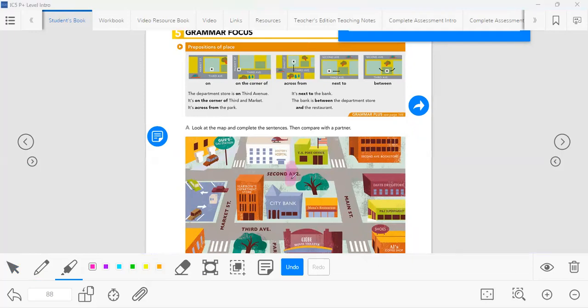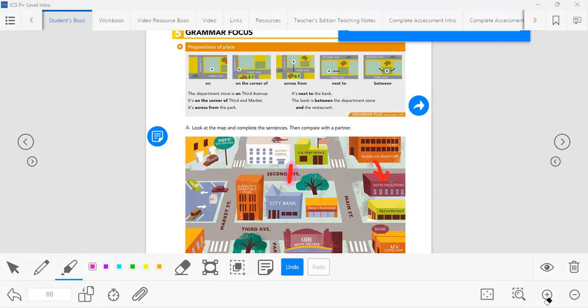But here, this is across from, because you go from one street to the other. The park is across from the city bank, or vice versa. The city bank is across from the park. So it means that you go to the other side of the street.